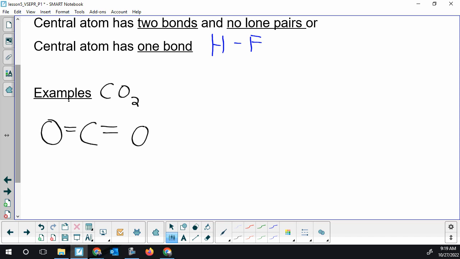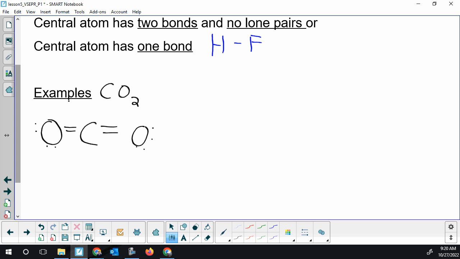So carbon has its octet. Its 4 bonds go 2 to oxygen, 2 to oxygen. Each oxygen would have 2 lone pairs left. Now, a structural formula shouldn't have the dots, but I'm always going to put the dots in because we need them for our pairs to know about shapes.